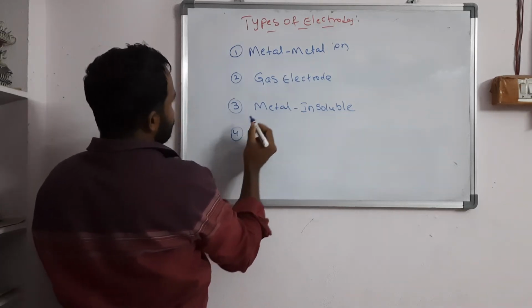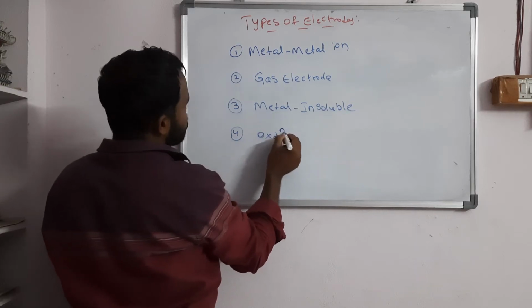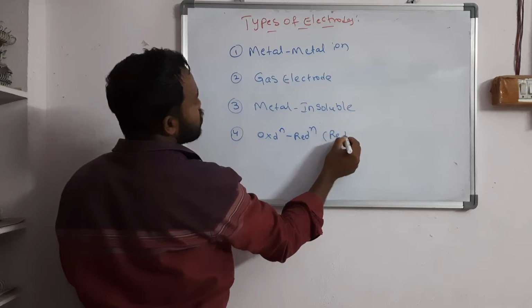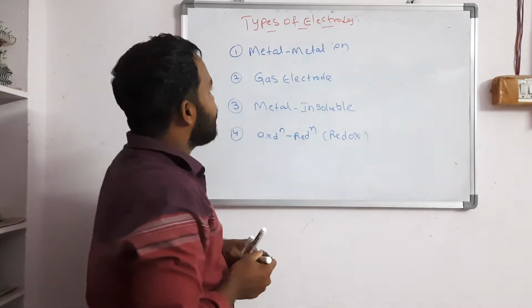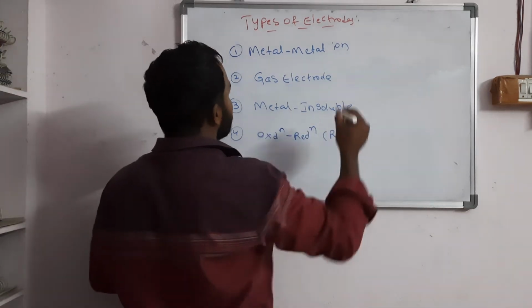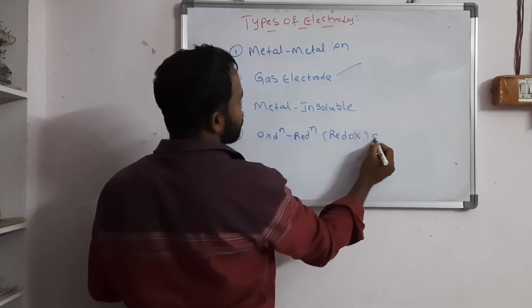The fourth one is the oxidation reduction electrode, that is, the redox electrode. We are going to discuss the metal ion electrode, gas electrode, metal insoluble salt electrode, and oxidation reduction electrode, that is the redox electrode.